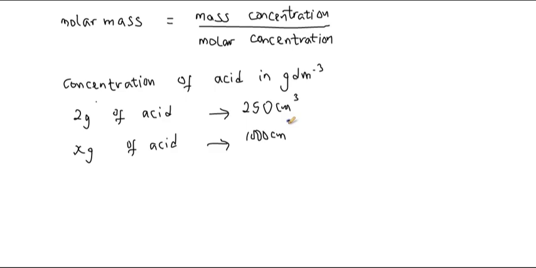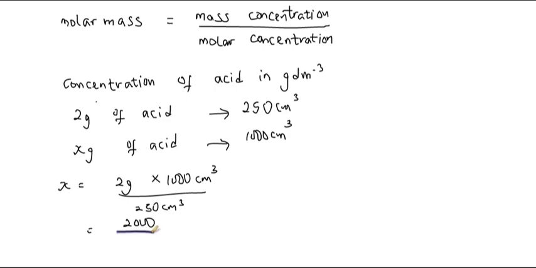So we find x here by cross multiplying, but we won't be showing that. So we just say x equals 2 grams multiplied by 1000 cm³ divided by 250 cm³, which is equal to 2000 over 250 grams, which is 8 grams.